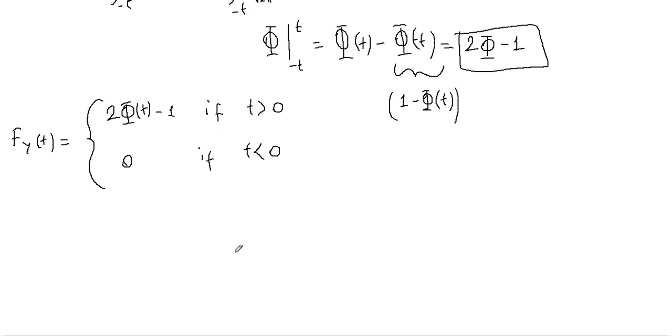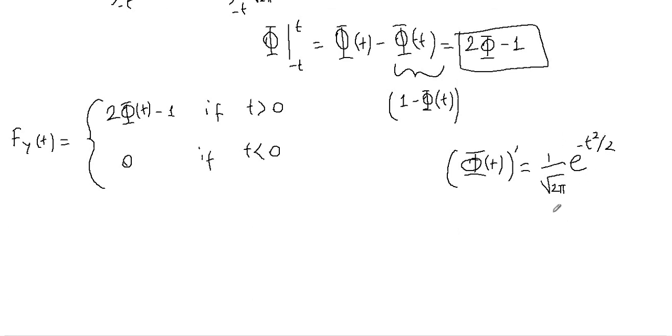Our second step is to differentiate the CDF to find the PDF of y. The derivative of the phi function is the density of the standard normal function, which is 1 over square root of 2 pi e to the negative t squared over 2.